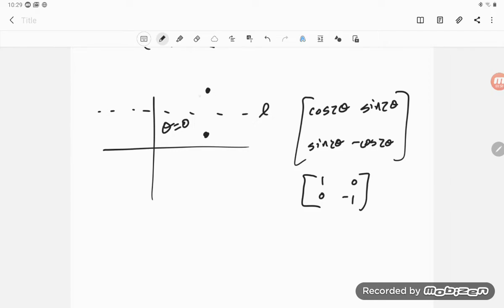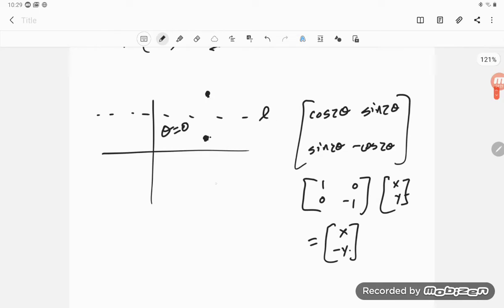But if I drew this pretty well, when I go from this point and reflect it, my y value should be positive. But here, if I take anything with a positive y value, this is x, y, here I will get x, minus y. And so if I had a positive y value, I'll get a negative y value. It's still reflecting over the whole x-axis.